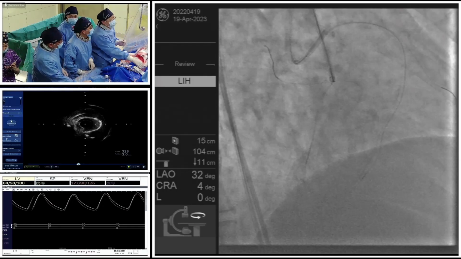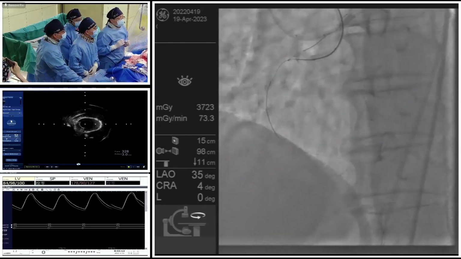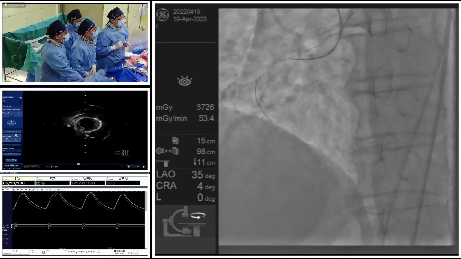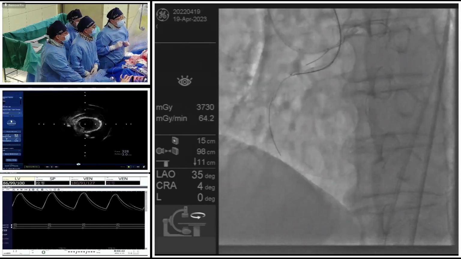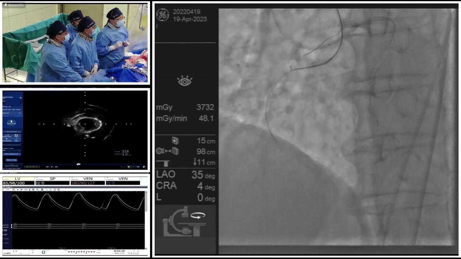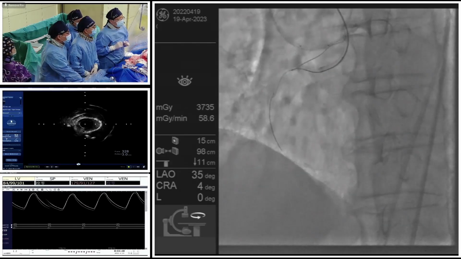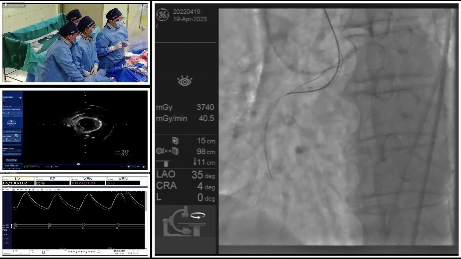Actually, I'm standing right at the back of Professor Lee, so I noticed that Professor Lee made a relatively small bend with the antegrade wire, something like 1 to 2 millimeters long, 45 degrees at the distal bend. So with good manipulation, we can make a very accurate puncture.